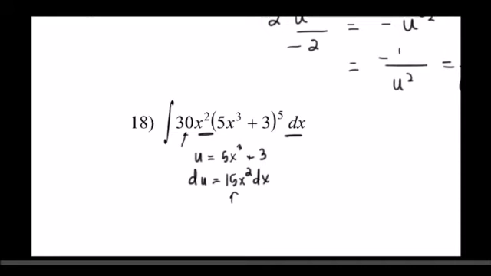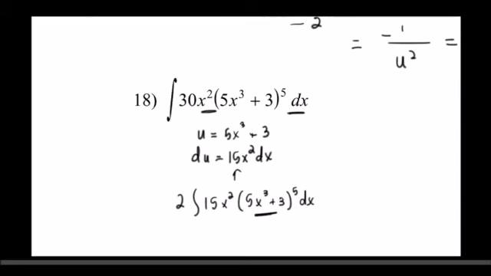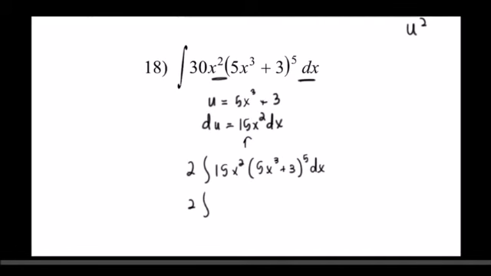But we can change that 30 into 15 by taking out a 2. So now we've got u to the 5th, and then that's du, 15x squared dx. So we can write this as 2 times the antiderivative of u to the 5th du.